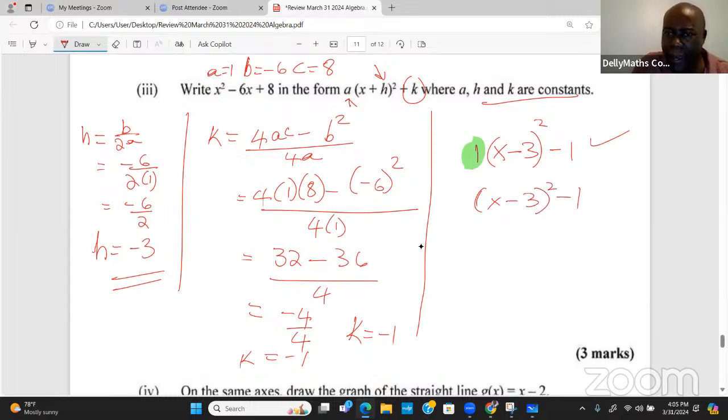But it's okay if you have that, or if you have this right now, you're good to go. So in other words, to complete the square, there are many ways to approach it. However, what we can do is simply just use the formula to get it. All right, there it is.